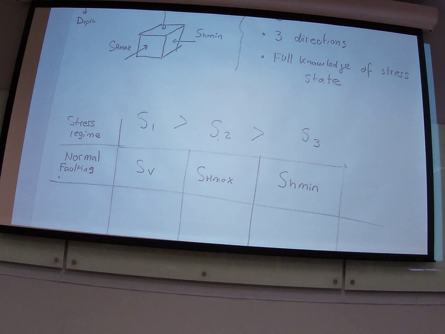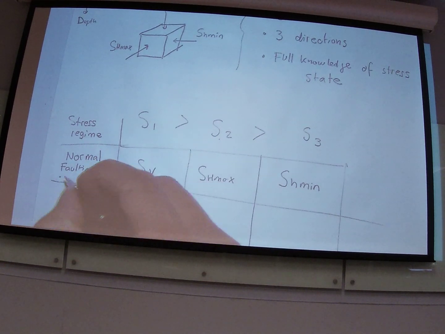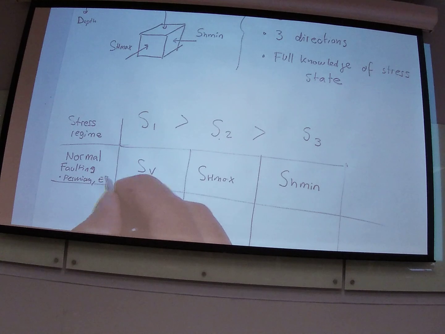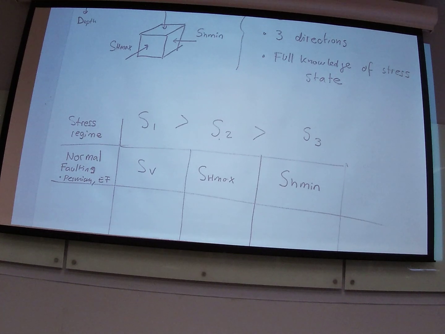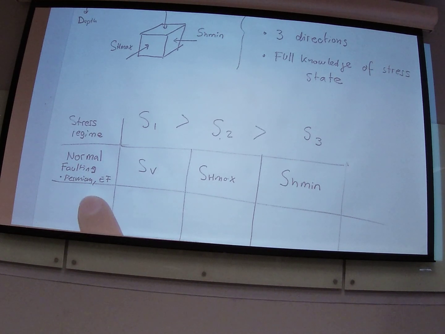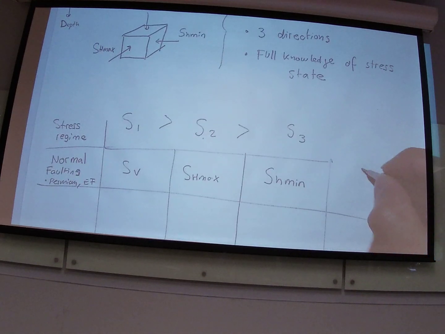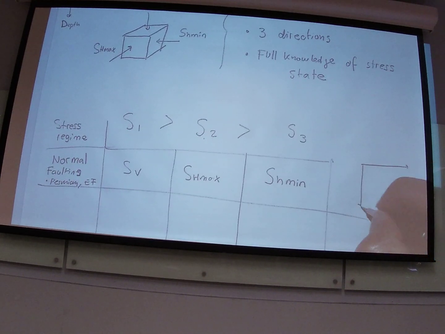Examples of this type of normal faulting: Permian Basin, Eagle Ford, Barnett. Actually, most of the very highly producing hydrocarbon basins in the US are under a normal faulting type of regime. In this normal faulting regime, let me do it here small.